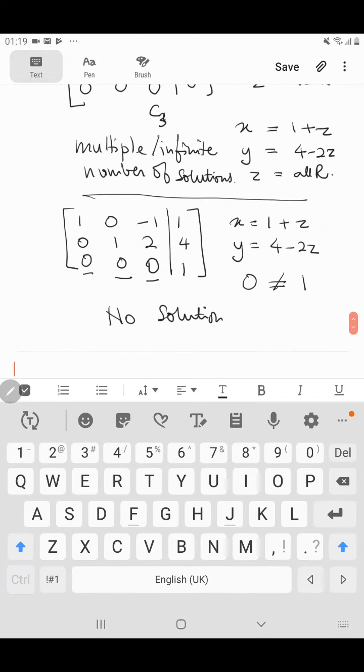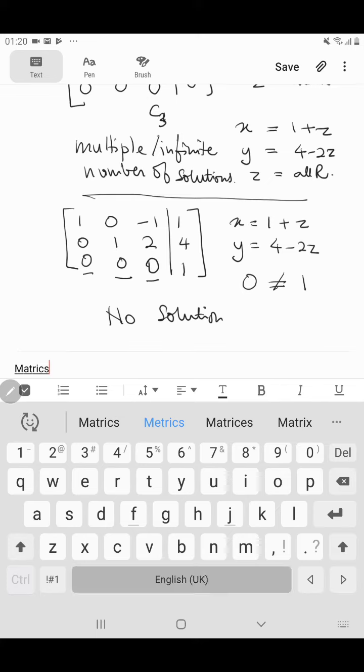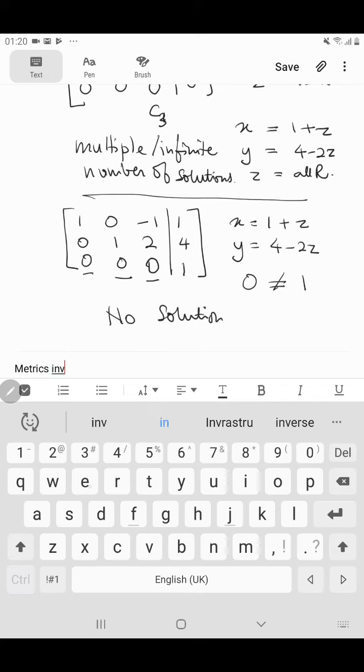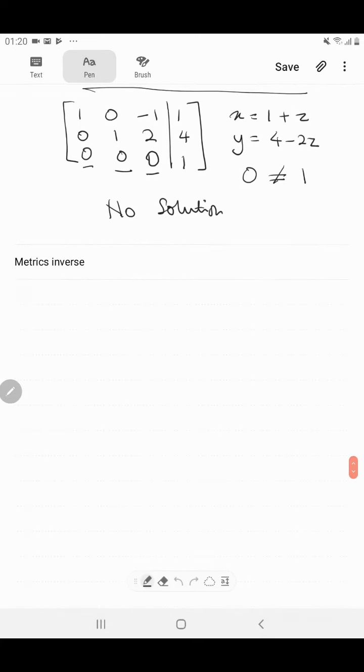Next, we are going to look at matrix Gauss Jordan, the concept of inverse. Now, why do we need inverse?